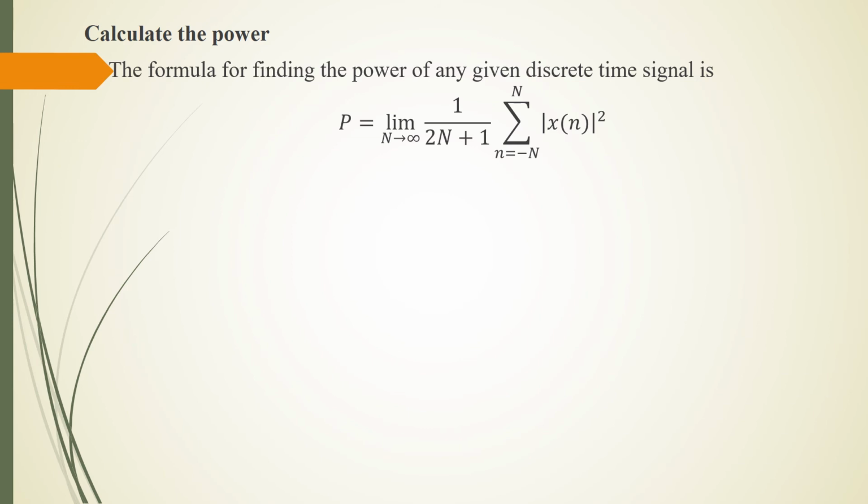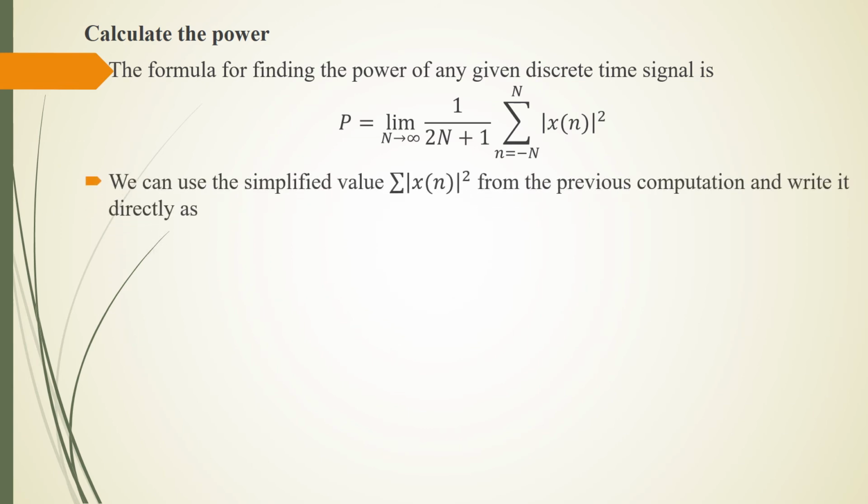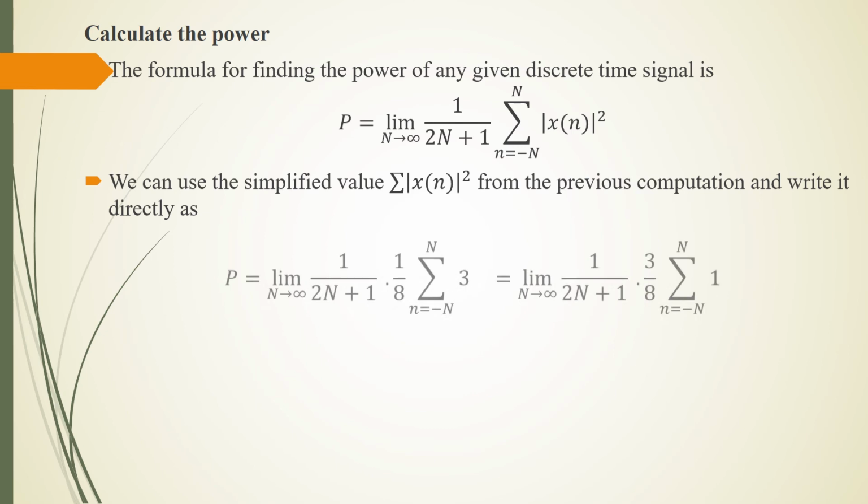While averaging, we have 2n plus 1 points. That's why we have 1 by 2n plus 1. Now we can use the same simplified value of the summation which we saw for energy, to easily compute the power from the previous computation and write it directly.